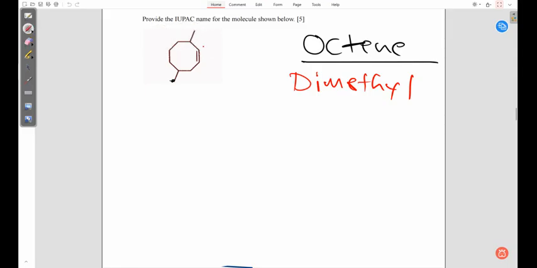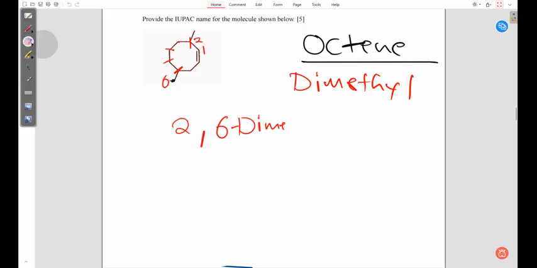So 1, that would make that position 2, 3, 4, 5, 6, position 6. So on positions 2 and 6, dimethyl.